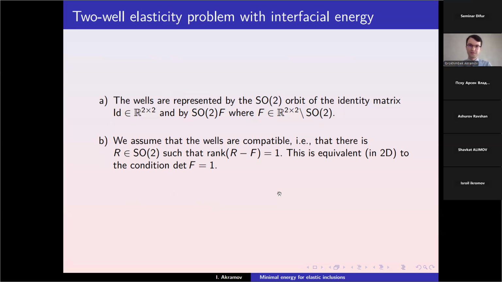It means you can choose R from the group SO2 such that you change only one part, but it does not coincide with the whole F, because F is in R2 set minus SO2. However, it is possible to choose R which is near to F. Okay. Please continue.